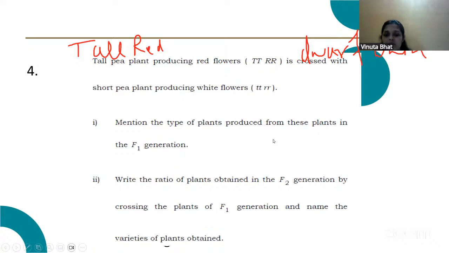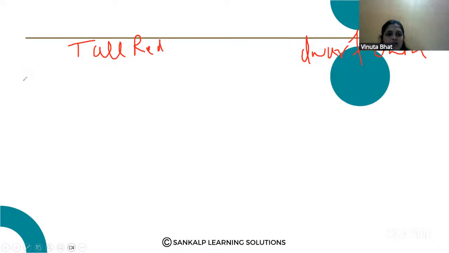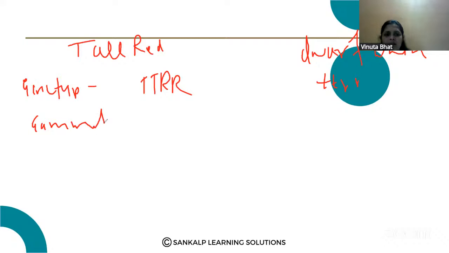Then a dwarf plant with white flowers. The genotype you should write like this: TTRR for the first parent, and ttrr for the second. The gametes are TR gametes, then small t small r gametes.